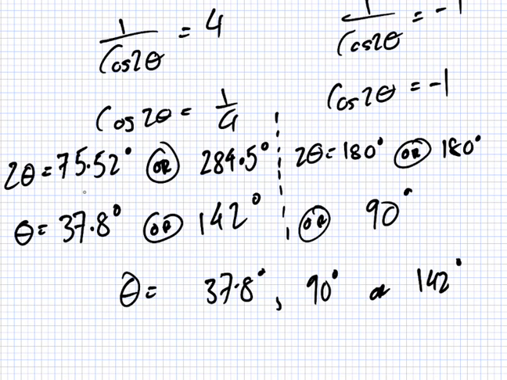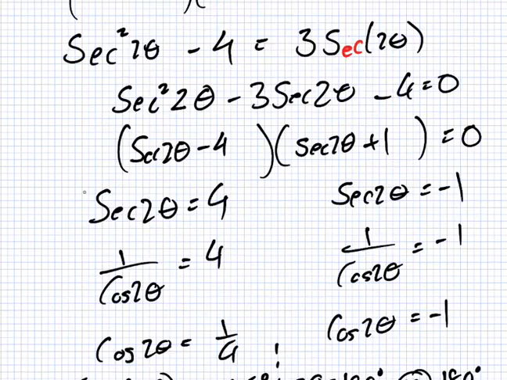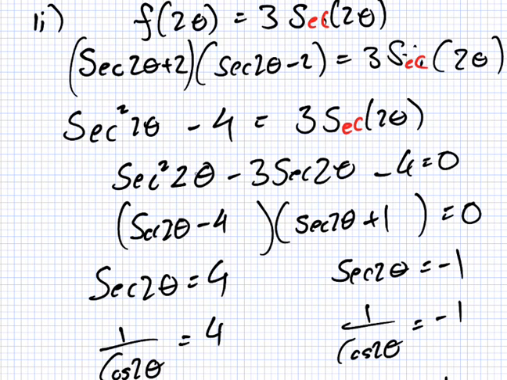But we need to make sure all these answers are correct. If I go back to the equation, can I use any value for theta here? I can't, because if you remember, sec is 1 over cos theta. So cos theta cannot be 0. When is cos 0? When theta is pi over 2, 90 degrees.